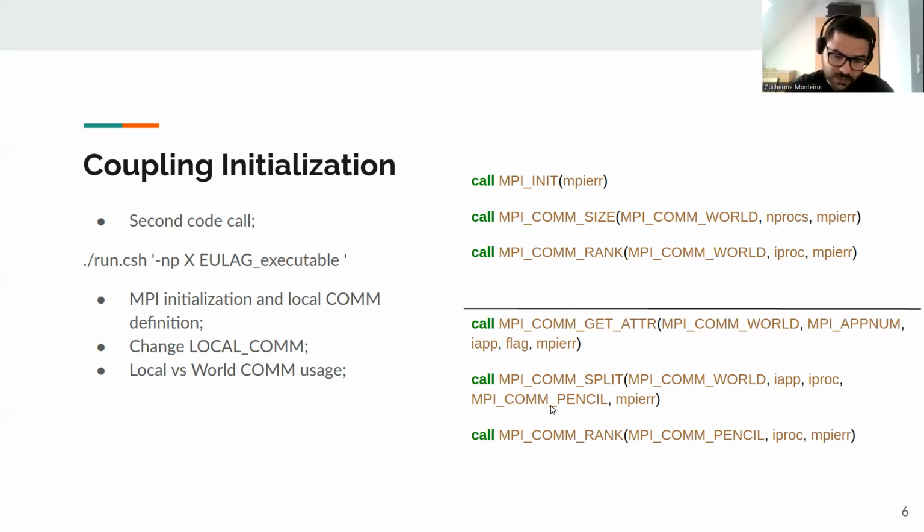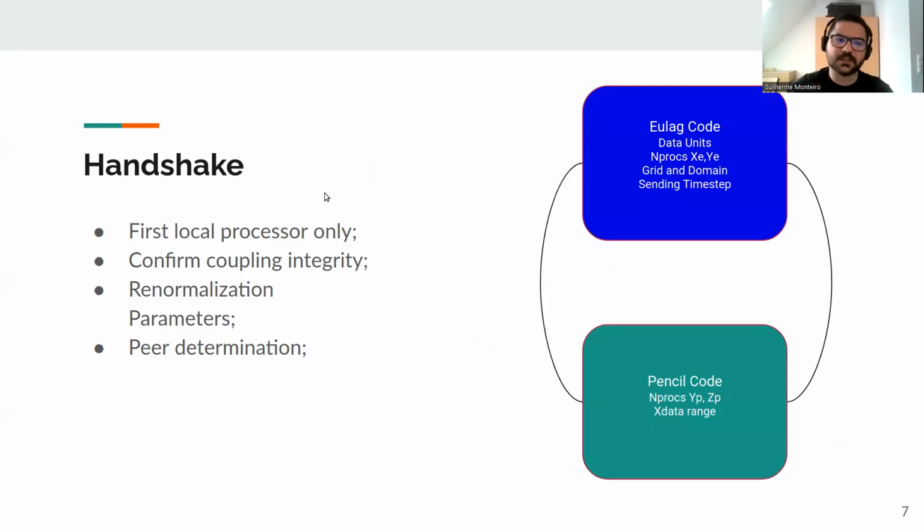So it will run normally. And in the case that you have the Pencil by its side, the MPI com Eulag will only be directed to the processors that are responsible for Eulag. And this is just troublesome, but is easily done.